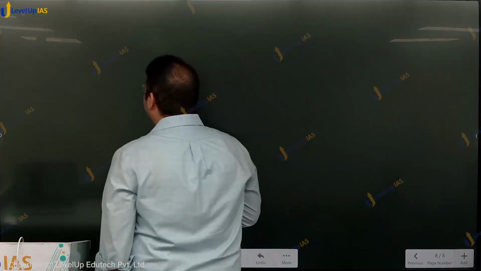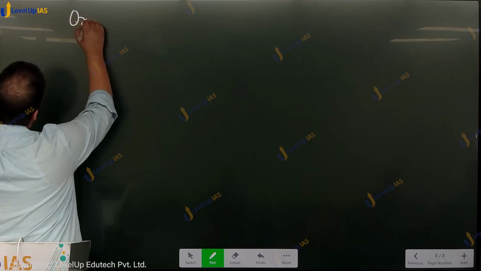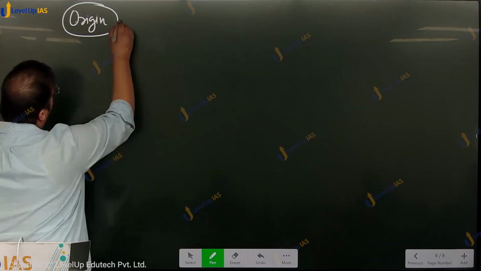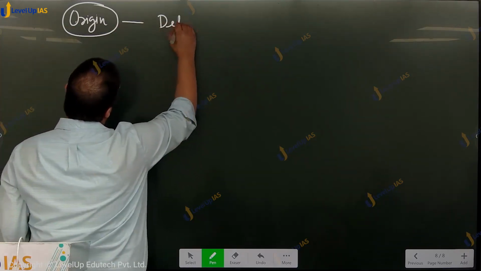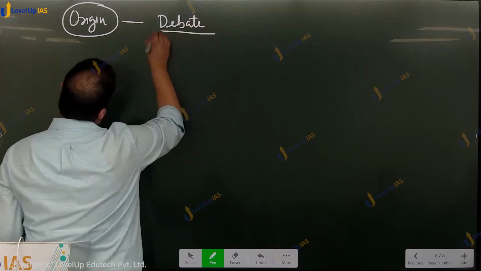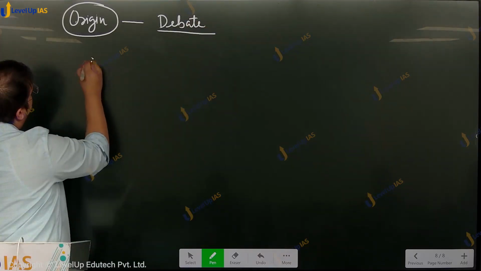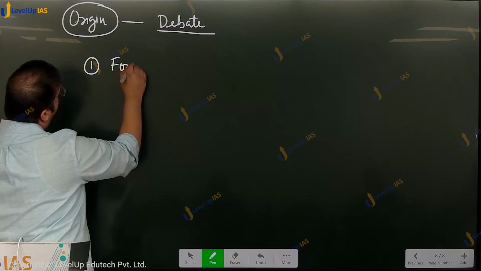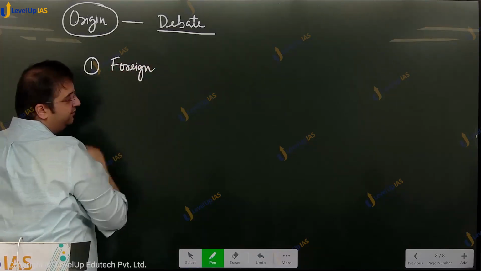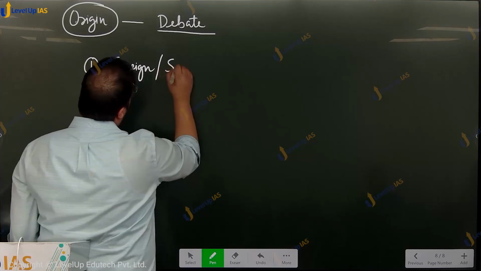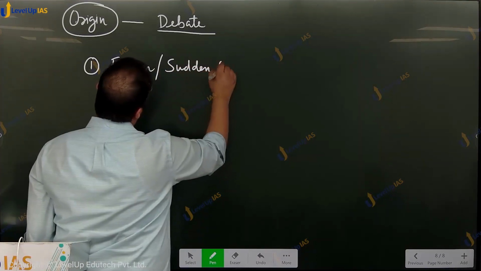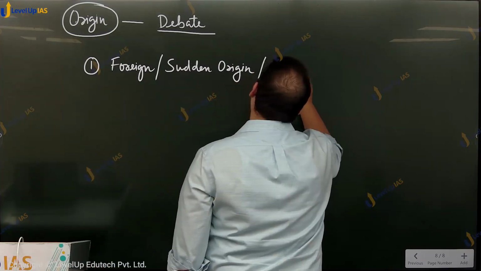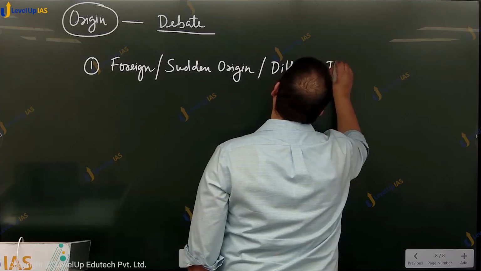As a result, the matter of the origin of the Harappan civilization has also become a subject of debate. Primarily, there are 2 kinds of theories. The theory of foreign origin, also known as the theory of sudden origin, or the diffusion theory.